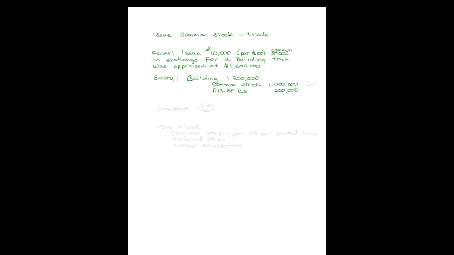How'd you do? You recorded the building at fair market value. I know you did. And then you picked up the common stock and put in par value, 10,000 shares at $100 a share, and picked up the difference and put it in paid-in capital in excess of par from common stock. Because we did that when we did sole proprietors, and we did that when we did partnerships, and we'll be consistent in that as we move to corporations.